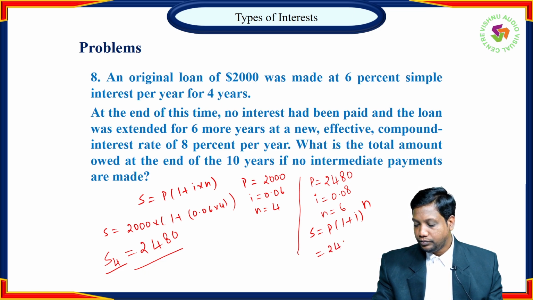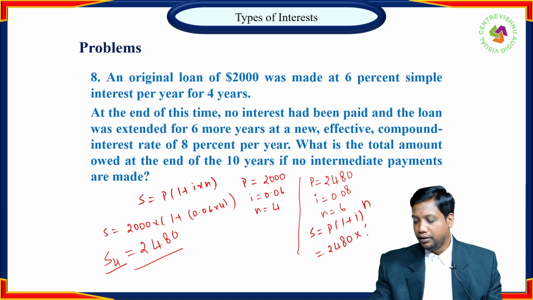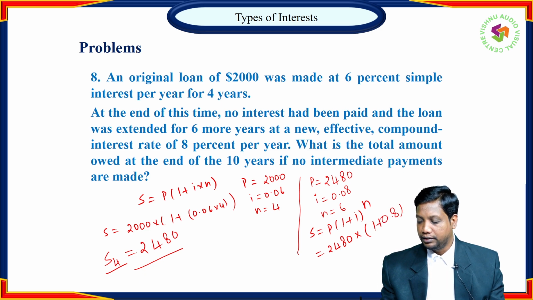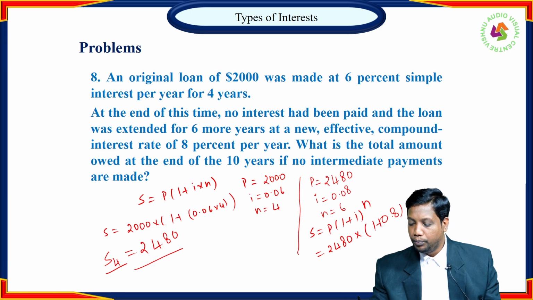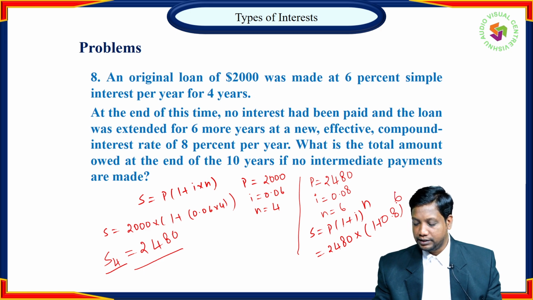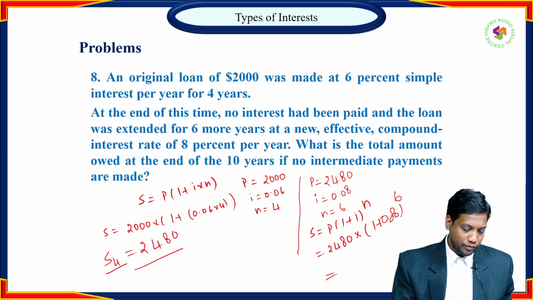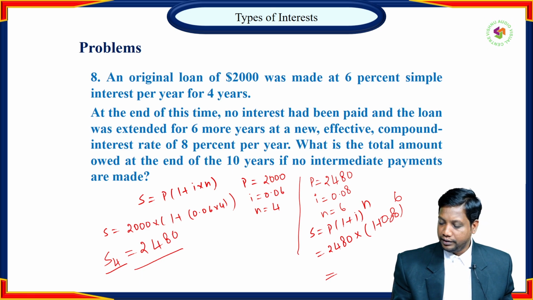So that will become 2480 multiplied by (1 plus i). i is given as 0.08, whole power n. n is given as 6. So 1.08 whole power 6, which is 1.587.